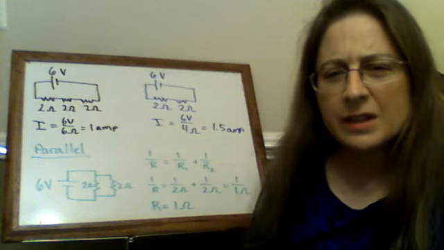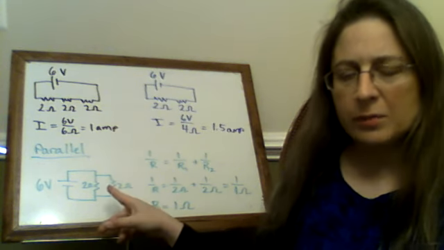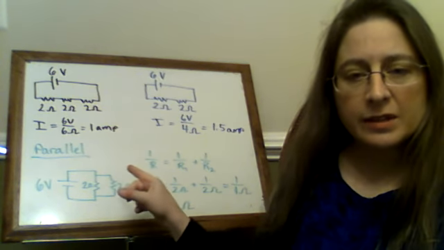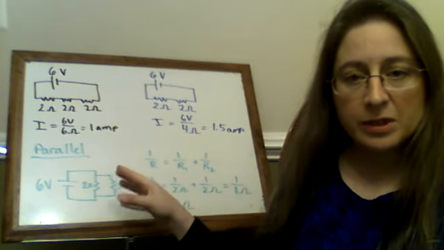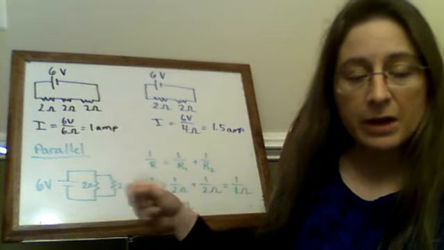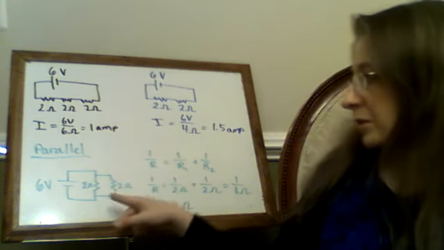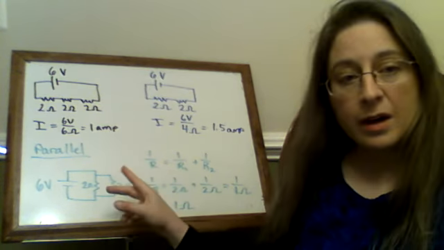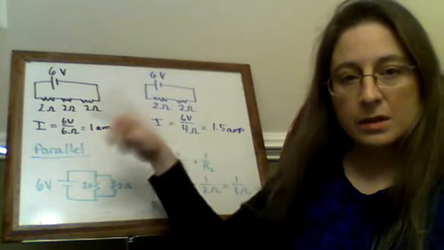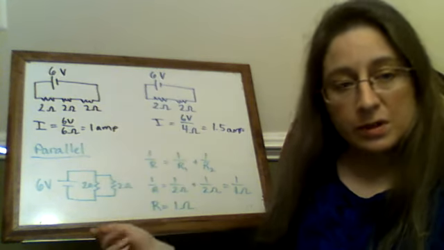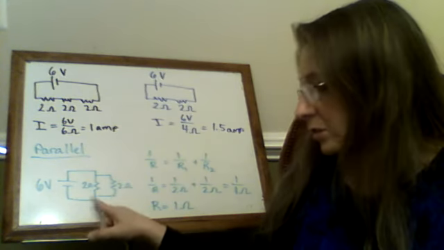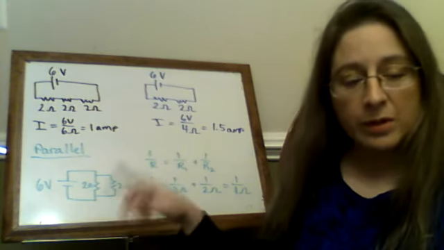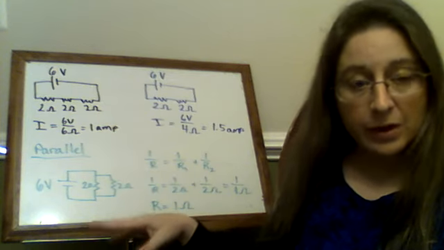So hopefully you can see. I'm not going to use this green marker anymore, but we'll look at a different way to build a circuit, which is when you put resistors in parallel. So when you put resistors in parallel, the electrons have to choose a path. There's more than one way for them to go from one terminal of the battery to the other.